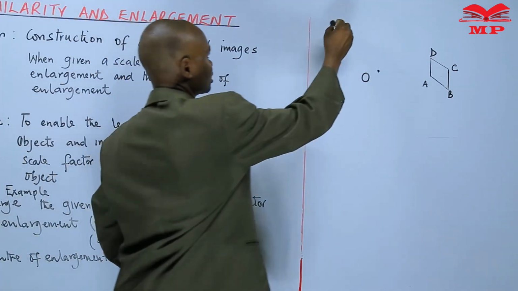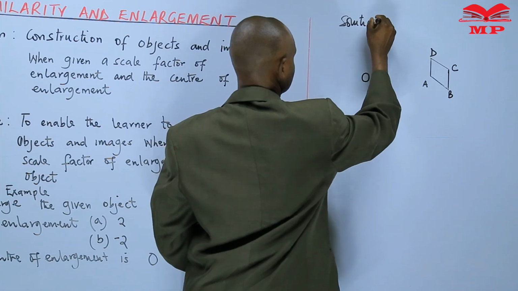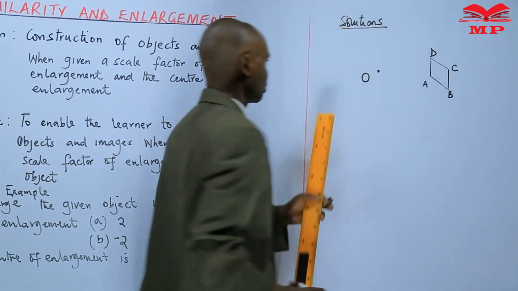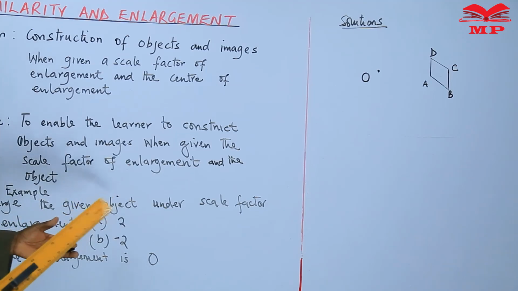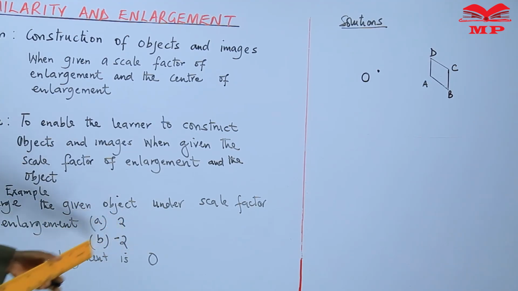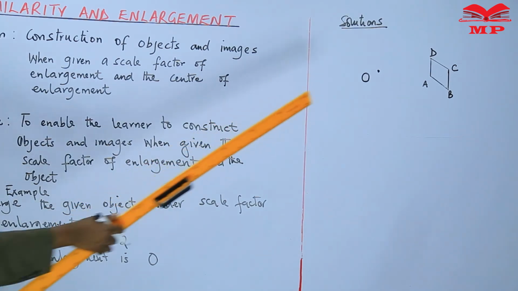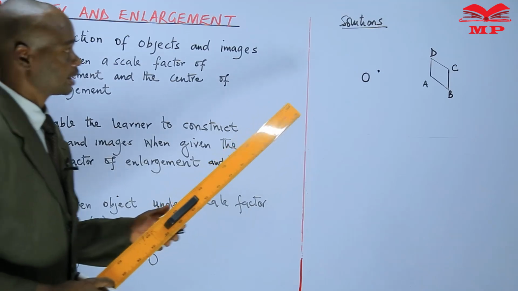So we shall term this as the solutions. You've been given the object to enlarge under scale factor of enlargement A, 2, and B, -2. The center of enlargement is O. So this is what you'll do, learner.